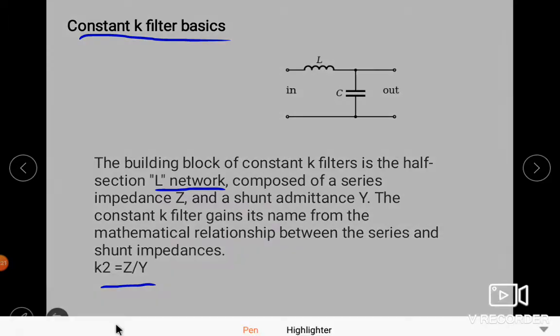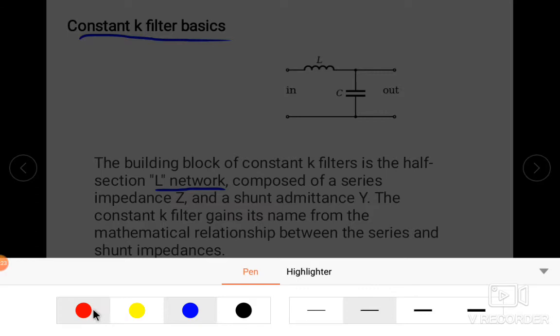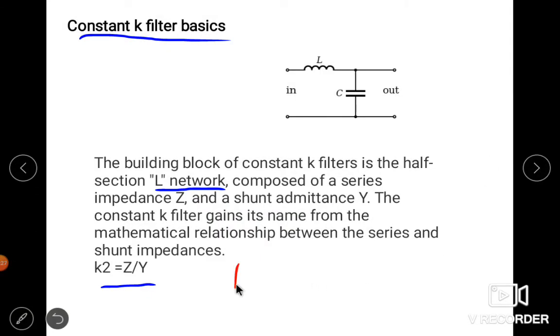So the impedance is denoted like this. The K derivation is nothing but K square is equal to Z by admittance Y, right?